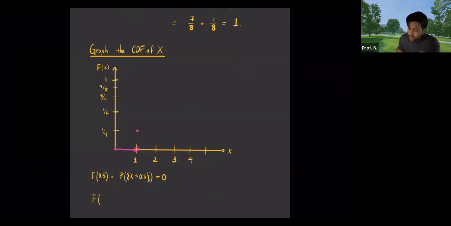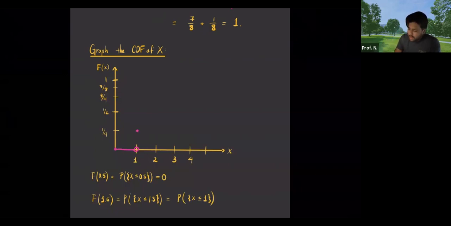If I say, for example, f of 1.5, what's the probability that x is less than or equal to 1.5? Well, our x values can't equal 1.5. So this statement is reinterpreted as the probability that x is less than or equal to 1, because you can never have 1.5, 1.3, 1.7.